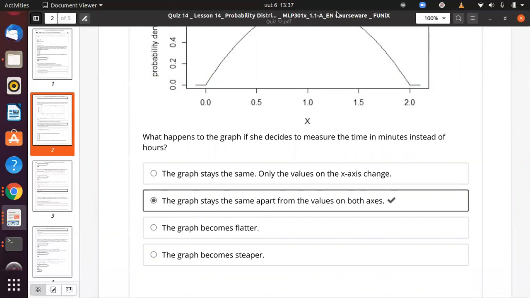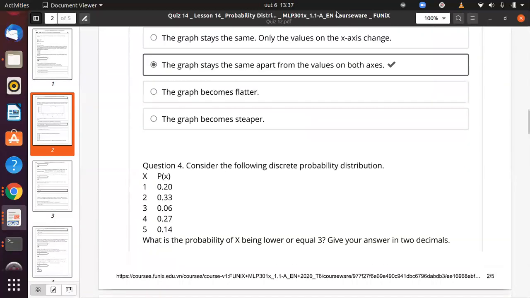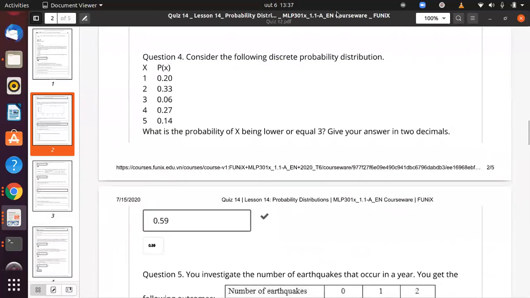She decided to measure the time in hours. Okay, I got this one. Consider the following discrete probability distribution. What is the probability of x being lower or equal to 3?